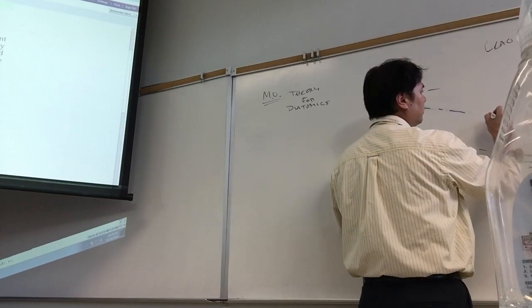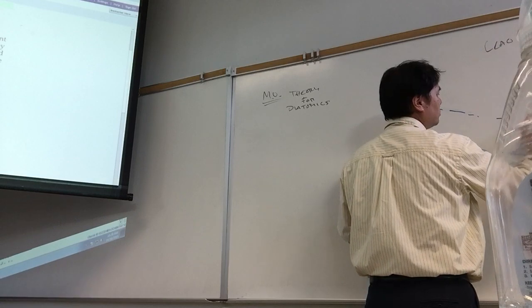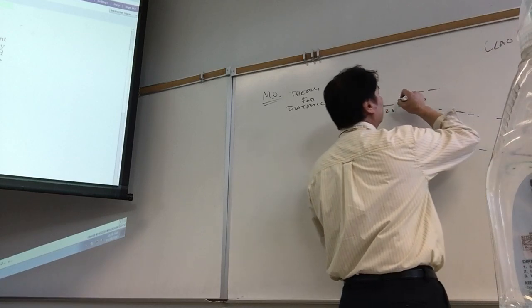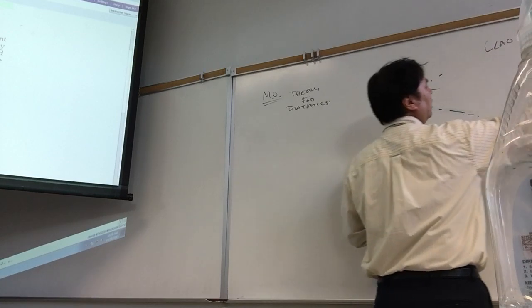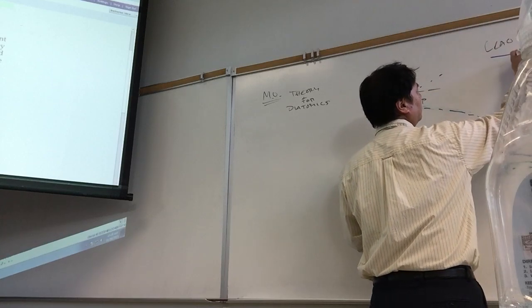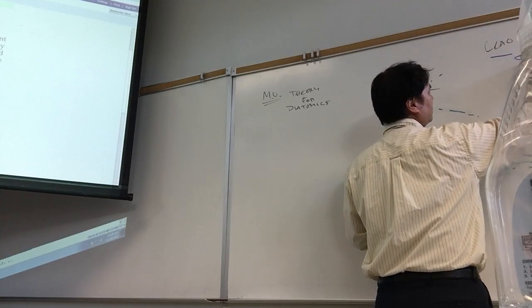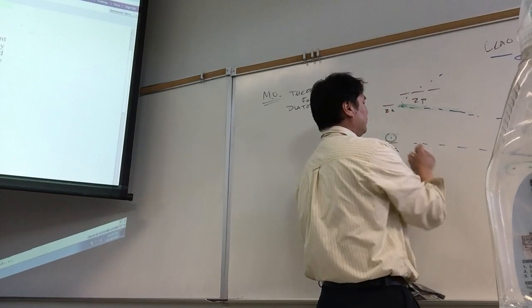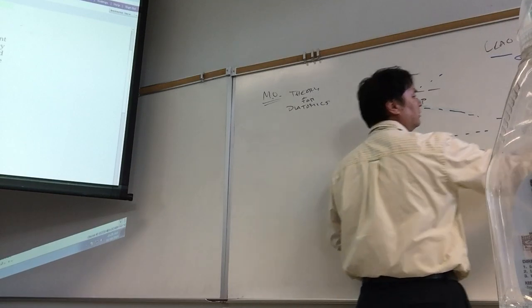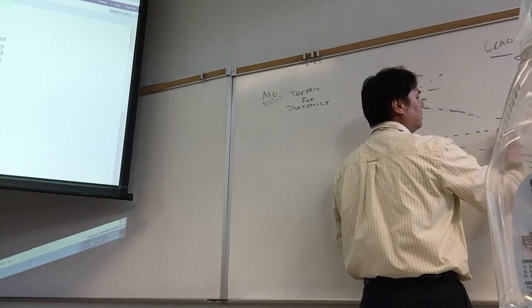We do the LCAO, the 2s. We're going to get the sigma 2s here. And in energy, we'll get the sigma star 2s. Oops, I forgot the sigma star 1s here. Put that in.